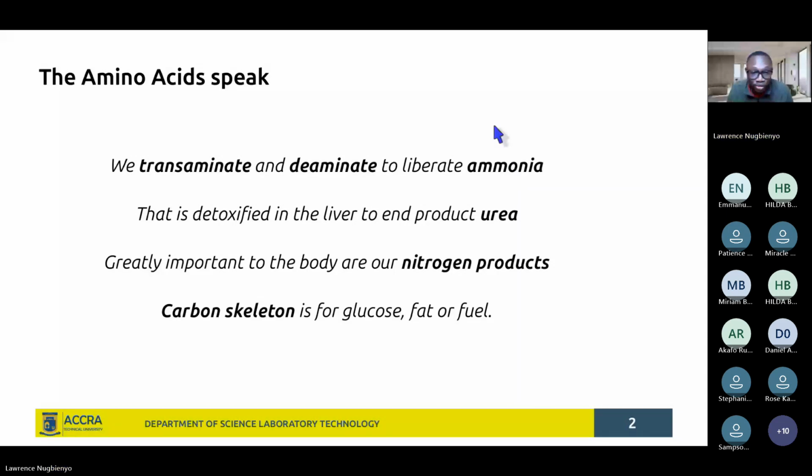And you also know that amino acids have an amine group in them. That amine group has nitrogen there. So when you have the amine group being removed, that nitrogen can go into the production of other nitrogen products like the nitrogenous bases that are found in nucleotides, which form nucleic acids, or even the nucleotides that you have seen to be coenzymes, like the nicotinamide dinucleotides and flavin adenine dinucleotides.